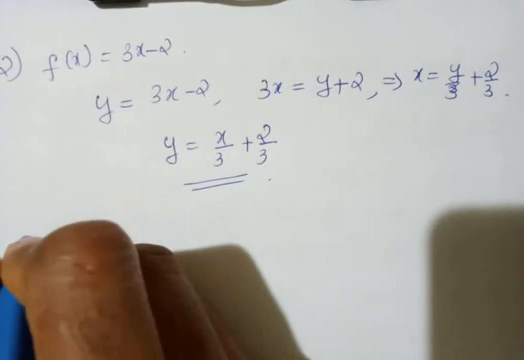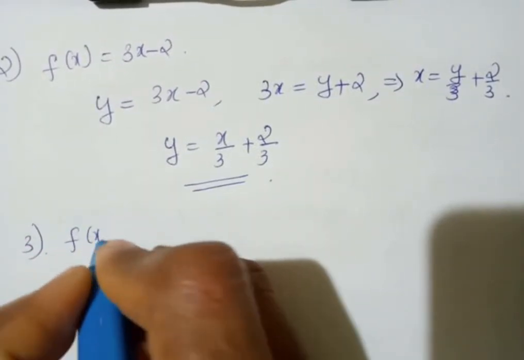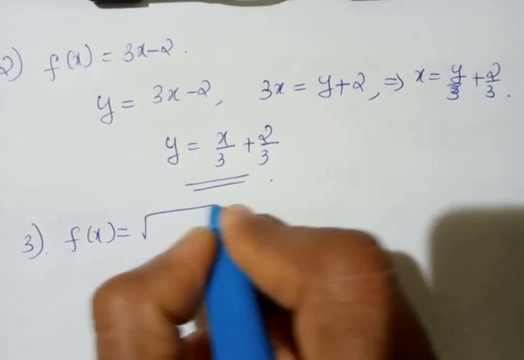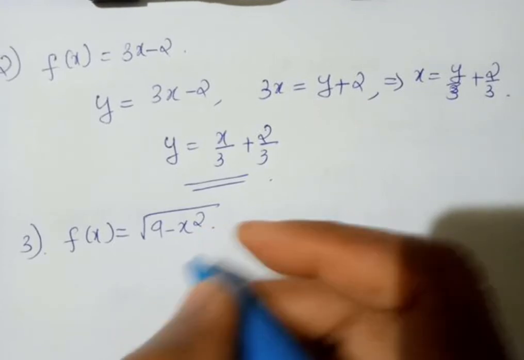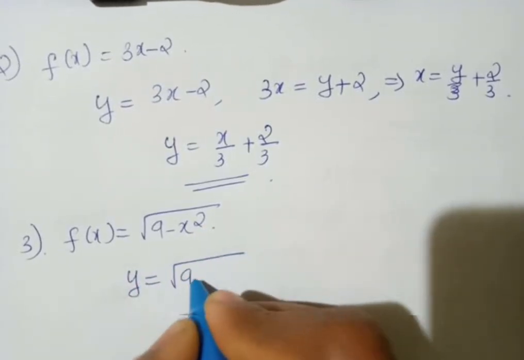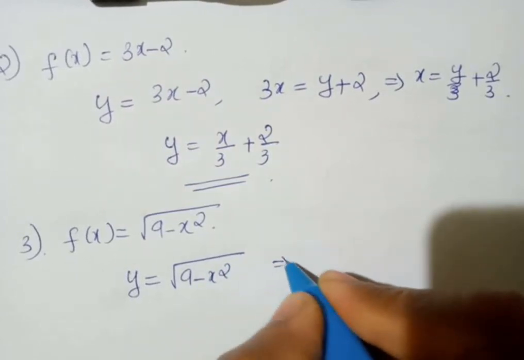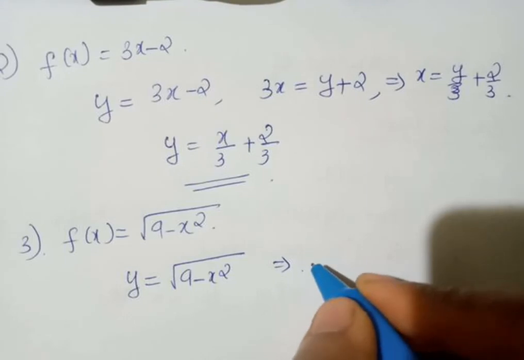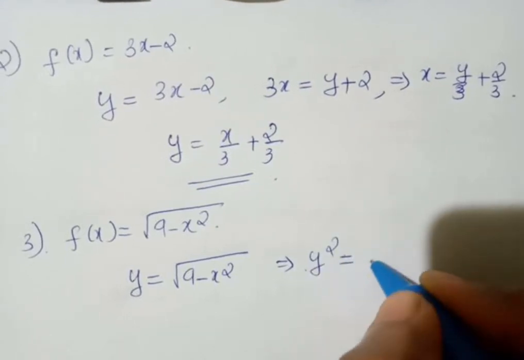One more example. f of x equal to square root of 9 minus x square. I can write it as y equal to root of 9 minus x square. In order to avoid the square root, I have to square this. y square equal to 9 minus x square.